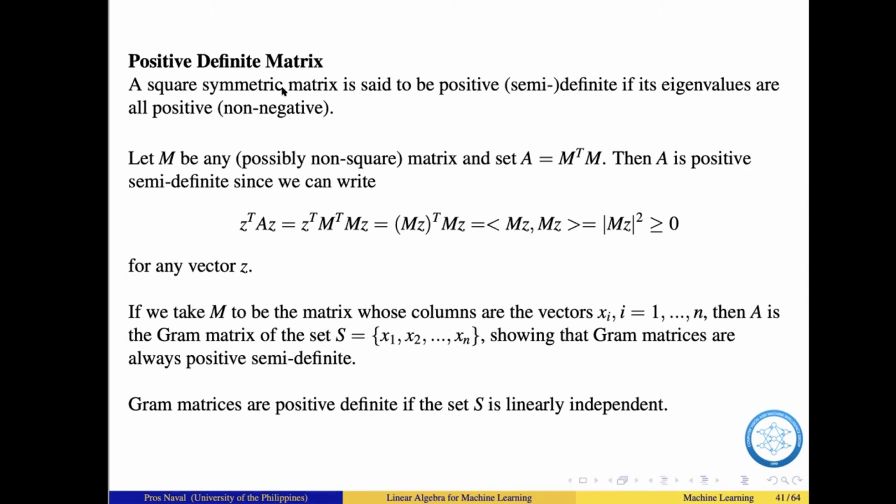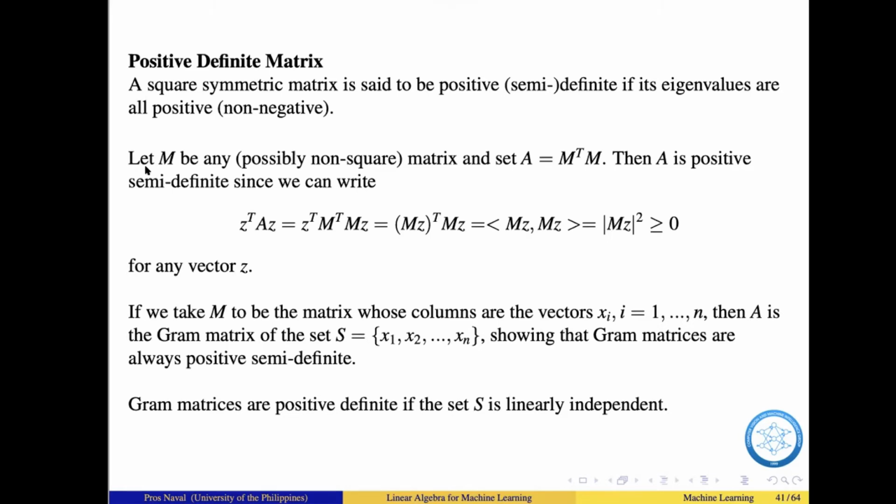A square symmetric matrix is said to be positive definite if its eigenvalues are all positive. To check whether it's positive semi-definite, you just have to check whether the eigenvalues are non-negative. So now, by just looking at the eigenvalues, you know whether your matrix is positive definite or positive semi-definite.